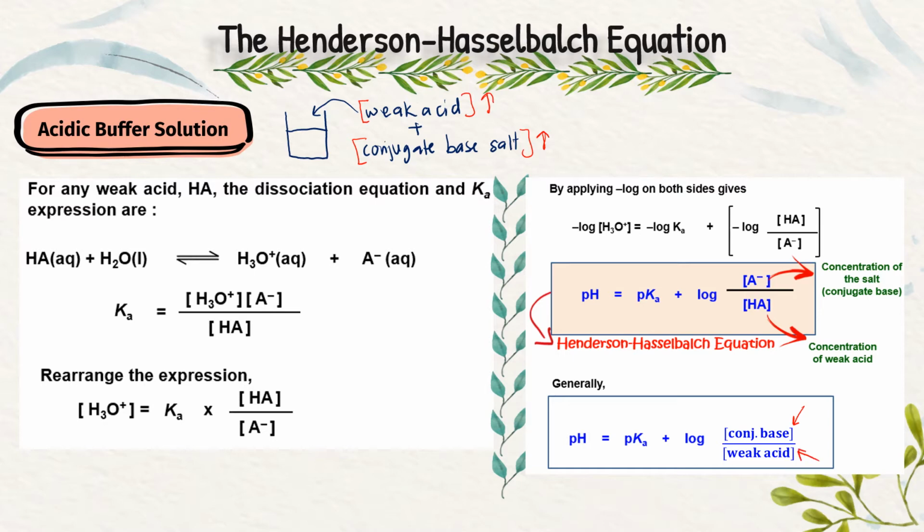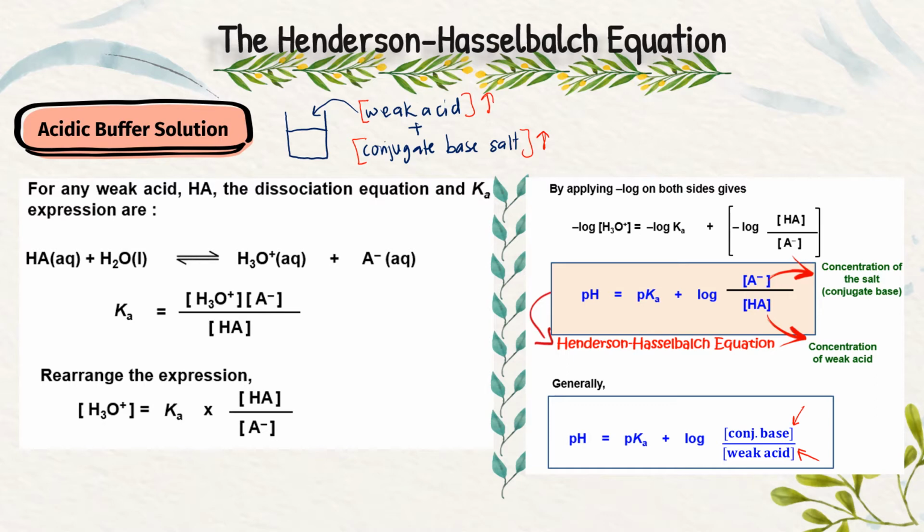Kemudian untuk weak acid pula, as we know, a weak acid will dissociate slightly in water. Bila dia dissociate slightly, concentration dia tak akan berubah banyak sebab yang berubah sikit saja, almost insignificant. So kita boleh assume that the concentration of the weak acid yang kita akan masukkan dekat sini, kita akan gantikan dengan nilai concentration at initial.